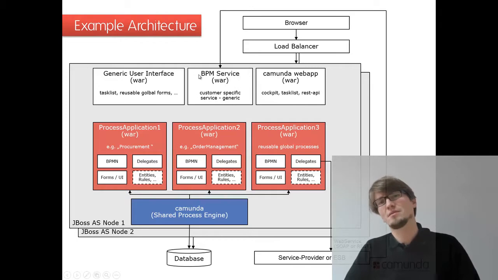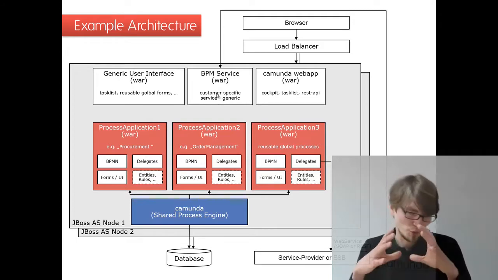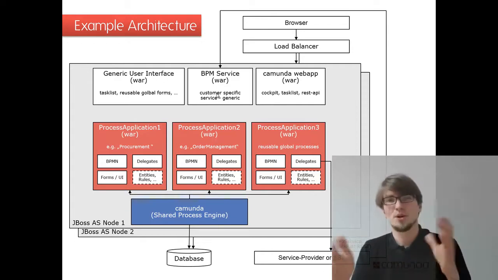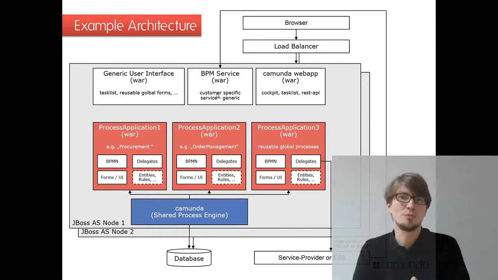And you might want to deploy your own BPM service. We have that pretty often, actually, that people want to build their own BPM service, which is still generic, not specific to any process, but it's specific for the customer. So you do not want to expose all the API we have in the process engine. So only a couple of methods, and this might be in the technology you prefer. So it might be a SOAP implementation, or it might even be JMS for the callback.